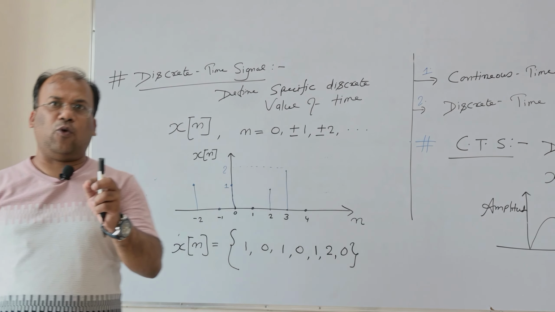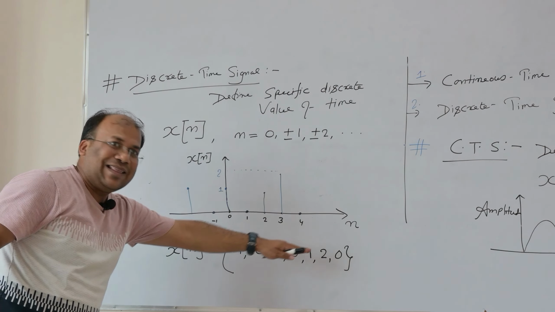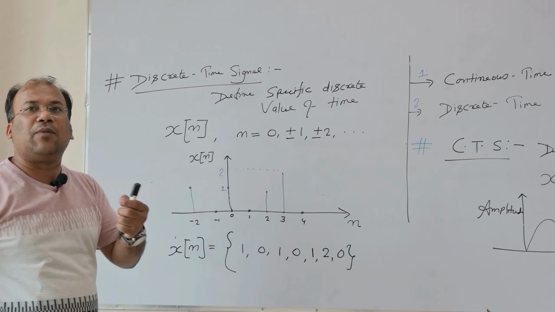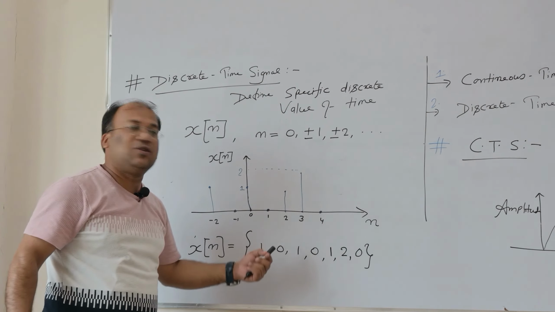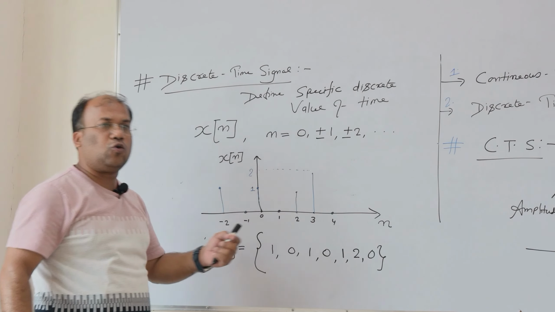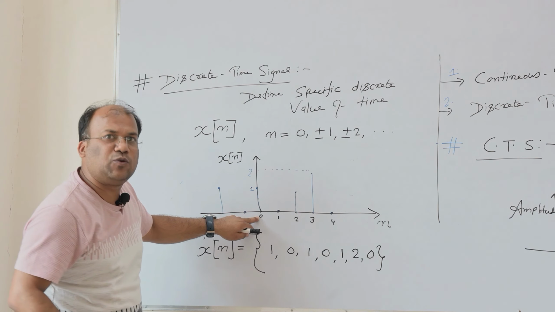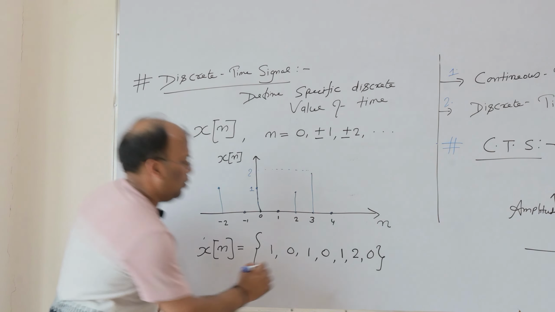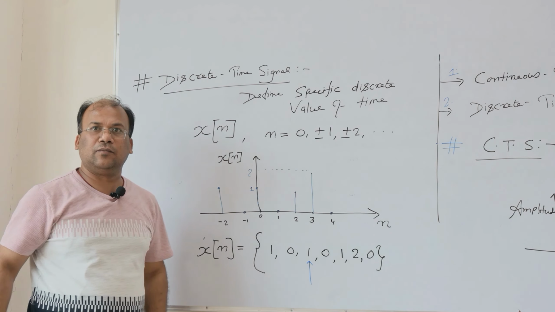One very important point that we have to highlight here is that in this representation, we are not able to identify where our origin point is. So to mark the origin point, at the point of 0, we have a 1 magnitude. So this is my origin.